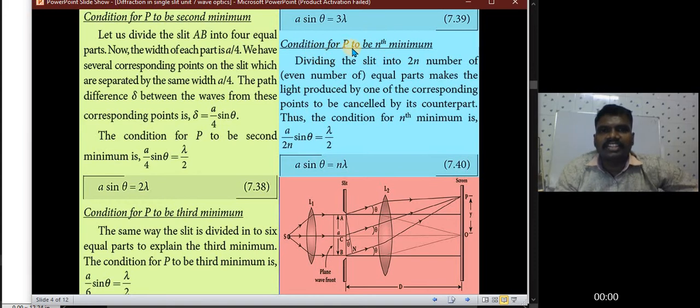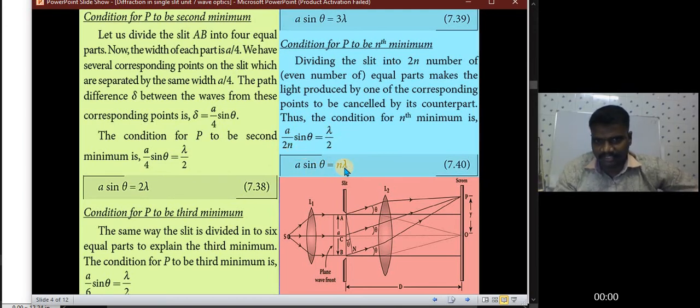Then the condition for P to be the nth minimum. Dividing the slit into 2n, an even number of equal parts, makes the light produced by one of the corresponding points be cancelled by its counterpart. Thus the condition for the nth minimum is a by 2n sin theta equal to lambda by 2.